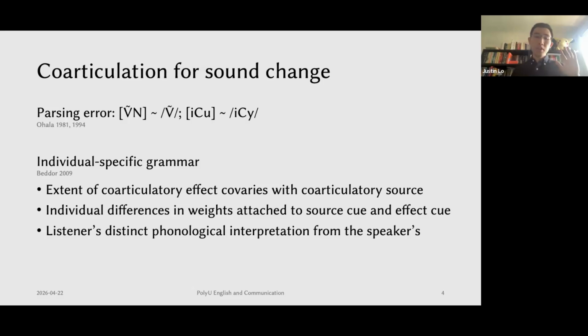Because then what the speaker may well intend as co-articulatory nasalization is, in the listener's interpretation, what they think of as the nasalization being part of the vowel rather than purely as co-articulation.